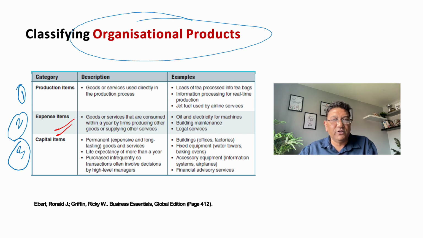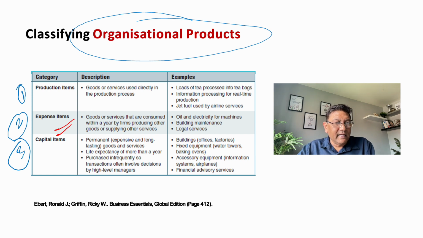So all those goods and services are consumed within a year. Why within a year? Because all the services like electricity bills we have to pay, building maintenance we have to pay, the legal service charges we have to pay, the insurance premium we have to pay, most of them are either on a monthly basis or yearly basis.